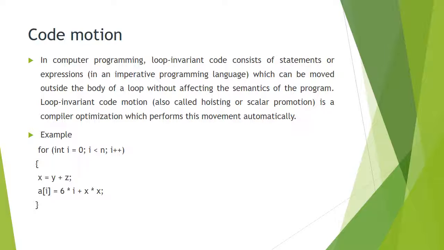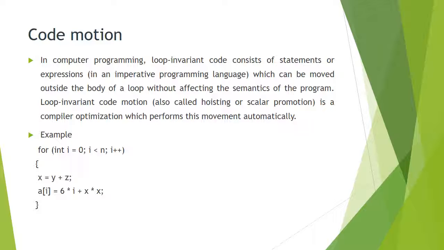So the next optimization technique is code motion. In computer programming, loop invariant code consists of statements or expressions in an imperative programming language which can be moved outside of the body of a loop without affecting the semantics of the program. Loop invariant code motion, also called hoisting or scalar promotion, is a compiler optimization technique which performs this movement automatically.